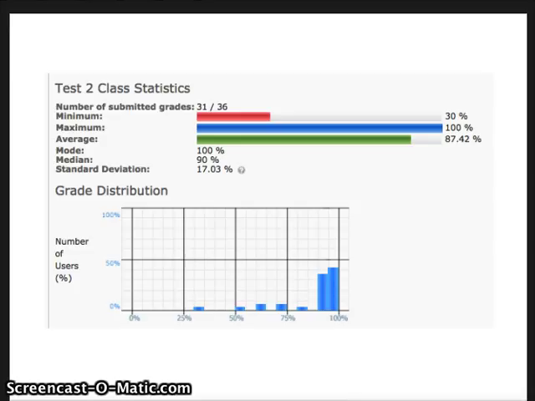Math is a building type of content, and it all has to do with how well you've mastered the ideas in the course. Here we had a lot of performance on that right side, and that's good. You got a higher average there, so you could take some comfort in that.